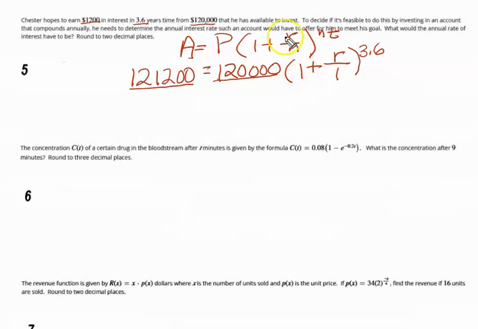And since it's compounded annually, our n here is 1, and then 1 times the number of years, which is 3.6, just gives us this. So to simplify a little bit here, we can eliminate this 1 here, and this is our formula.